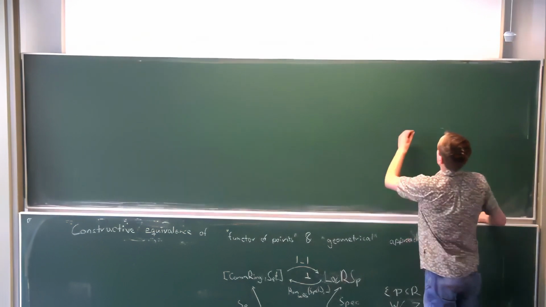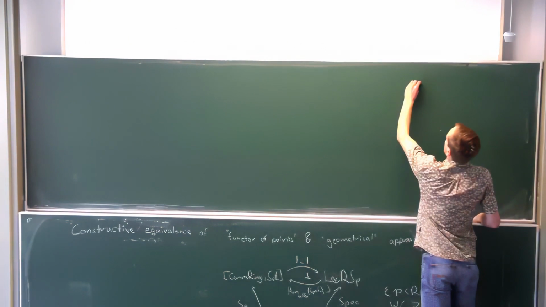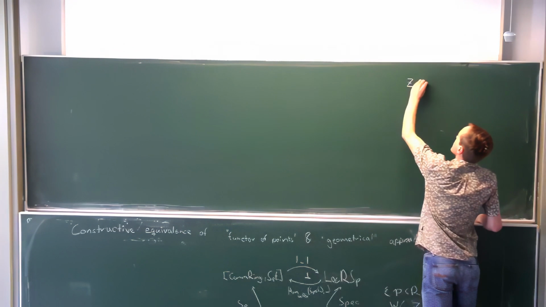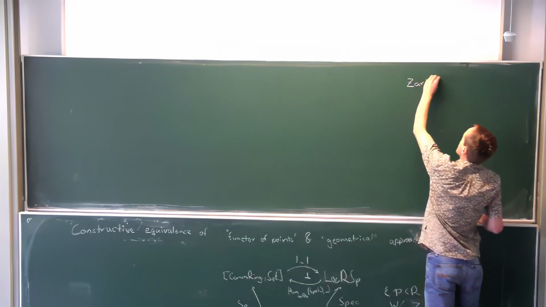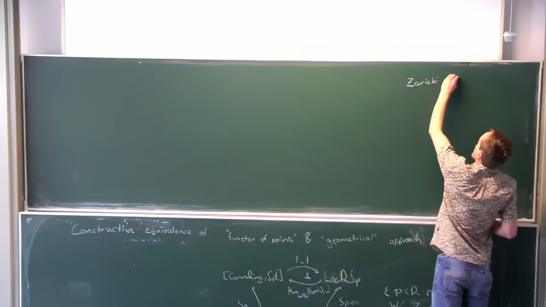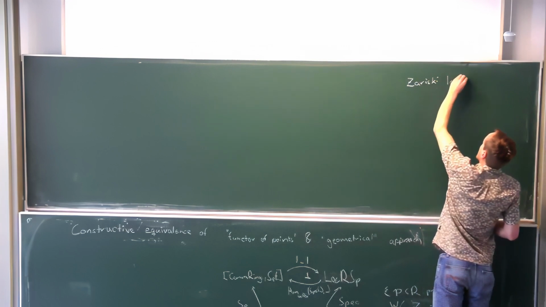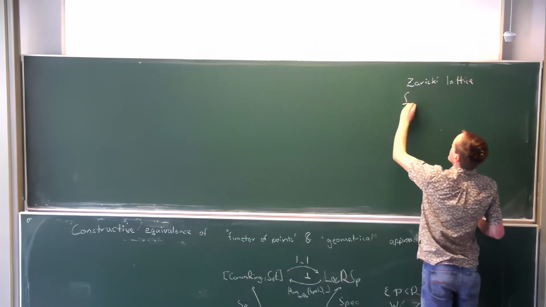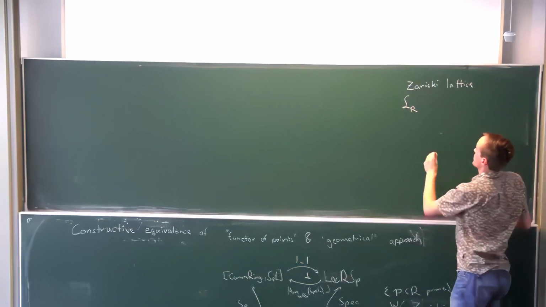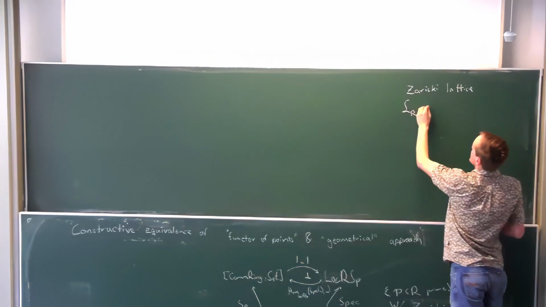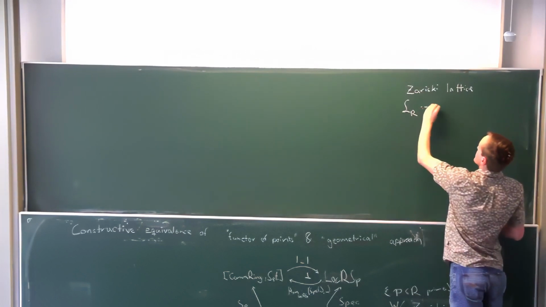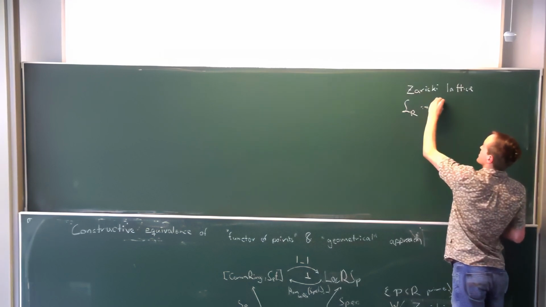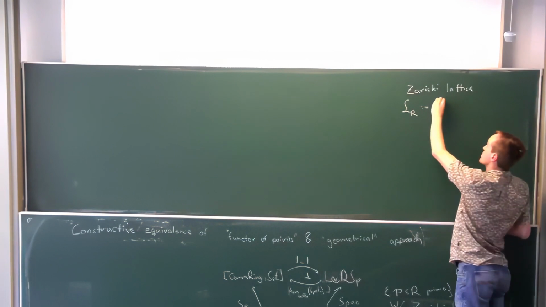So you can define this quite quickly, this is the bounded distributive lattice. I'll just write lattice. Whenever I say lattice, I mean bounded distributive lattice.